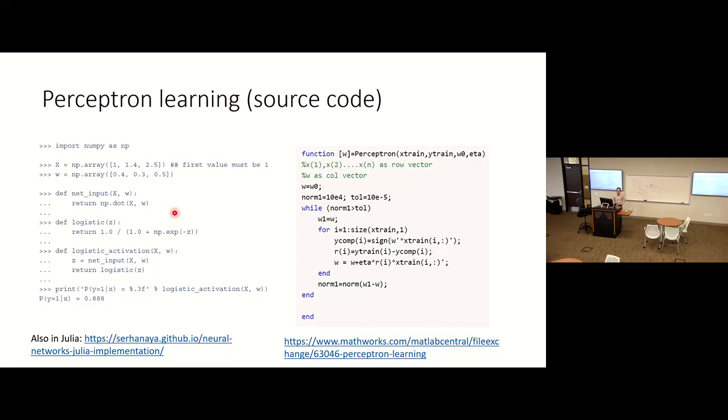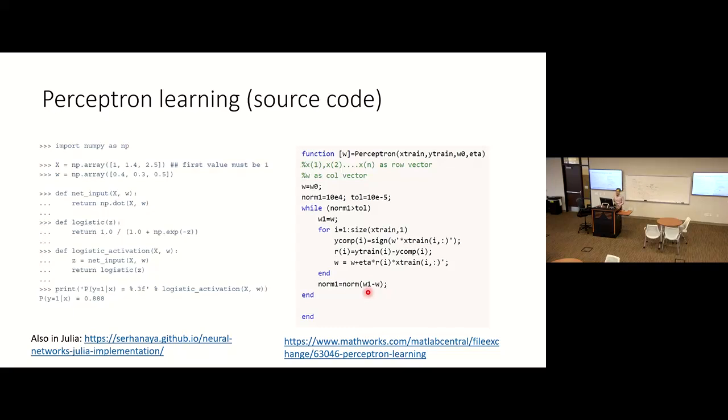This deals with what is called perceptron learning. The source code looks like this: this is Python code, and this is MATLAB code here. You see, we start to do a loop. This loop will change your weight vector.